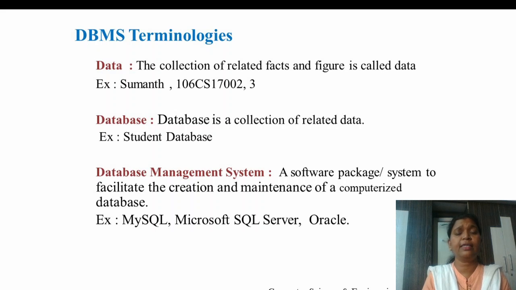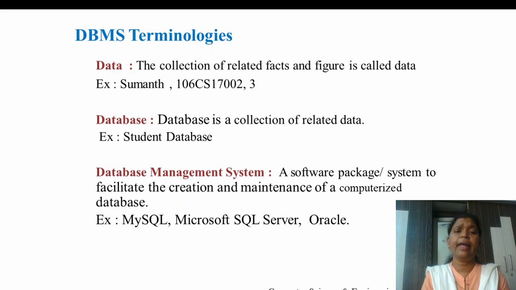Consider yourself as an example of data. Your name is data. For example, a name, a register number, a semester. All these facts can be termed as data. So we get a definition: data is a collection of related facts and figures.